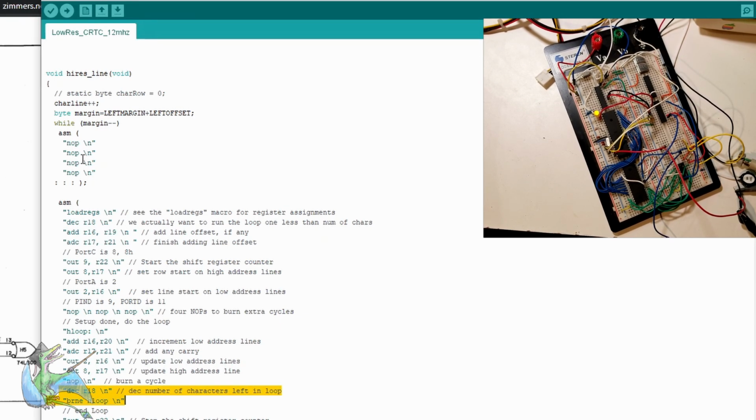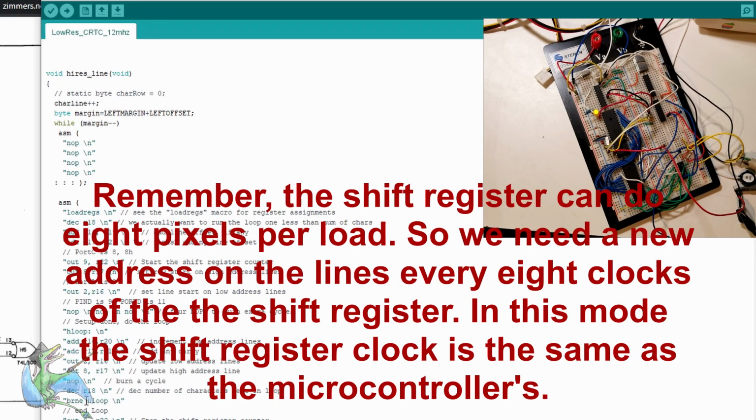That's the loop. So we have the total number of characters per line we're going to output. Each one of these instructions is just 1 clock cycle. So at 12 megahertz, you've got 1 clock, 2 clock, 3 clock, 4 clock, 5 clocks, 6, 7, 8 clocks.